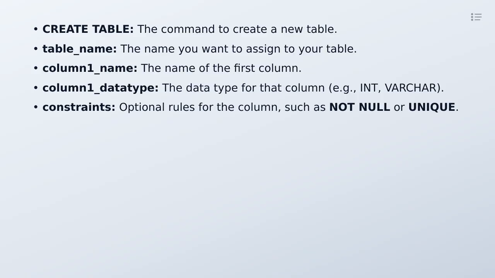Also, table_name, the name you want to assign to your table. Also, column1_name, the name of the first column. Also, column1_data_type, the data type for that column, e.g., int, varchar. Finally, constraints, optional rules for the column, such as NOT NULL or UNIQUE.